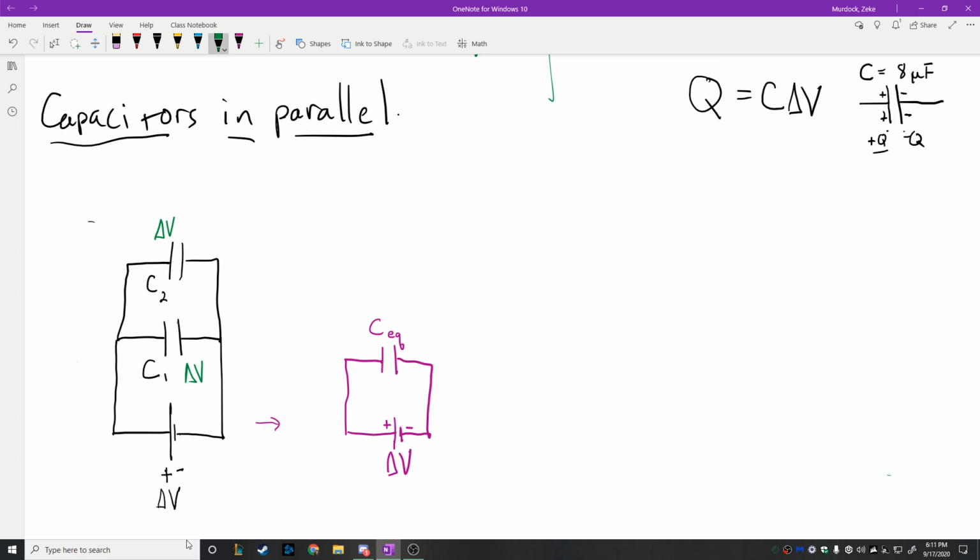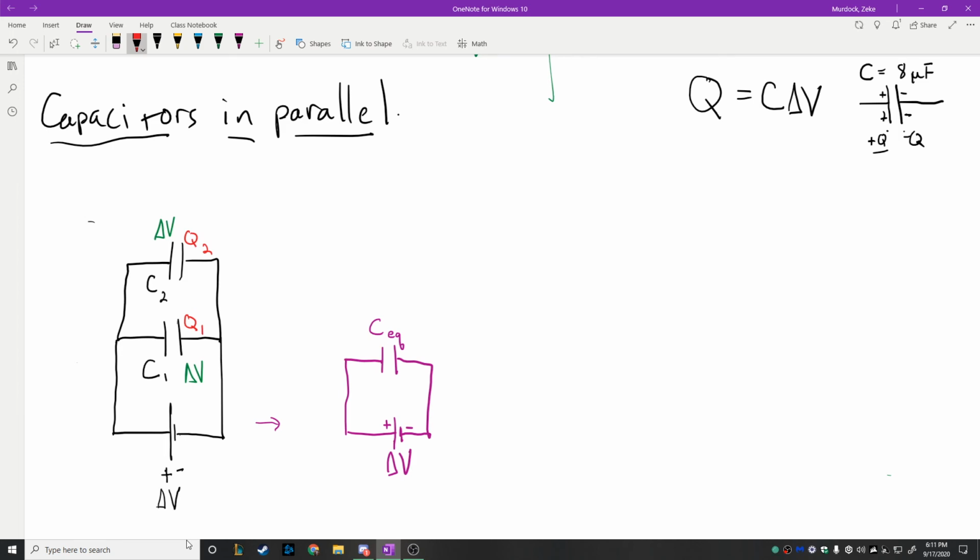So our goal then is to come up with an expression of how we go from these two and relate it to over here. Suppose that we define the charge that's on the upper capacitor plate to be Q2, because it's C2, and we say that the charge on the lower capacitor plate would be Q1.